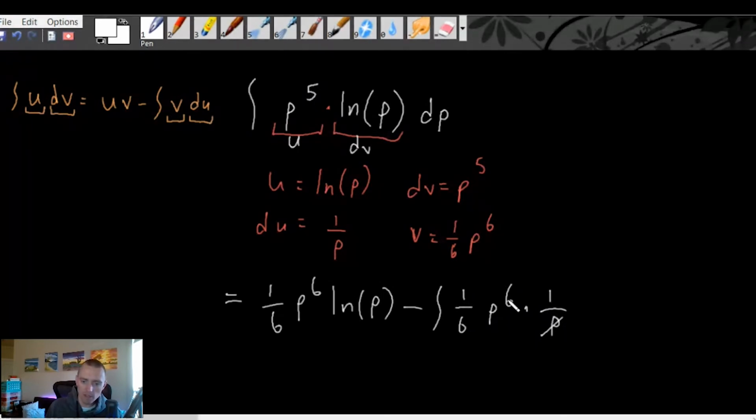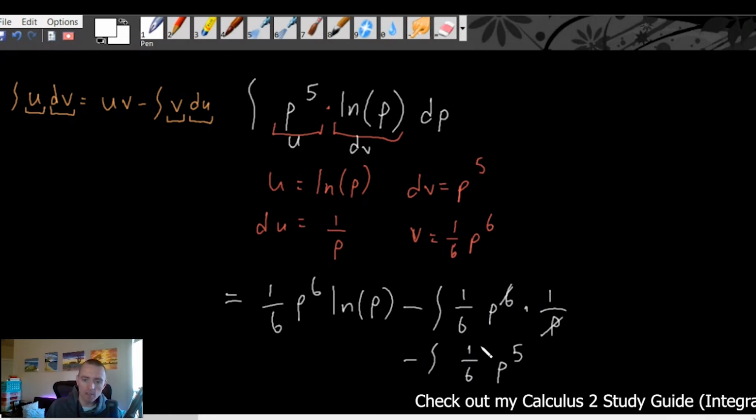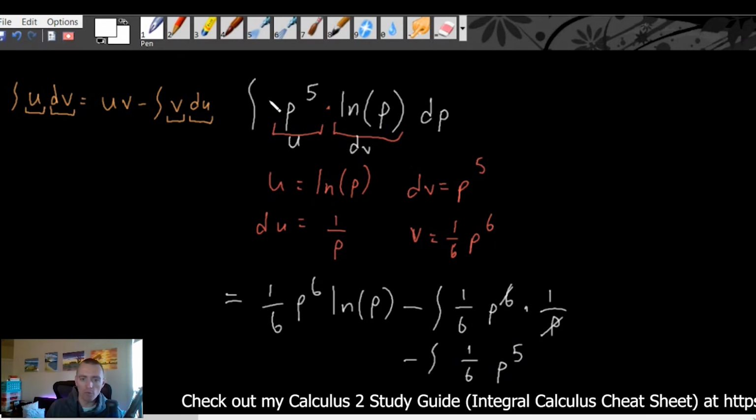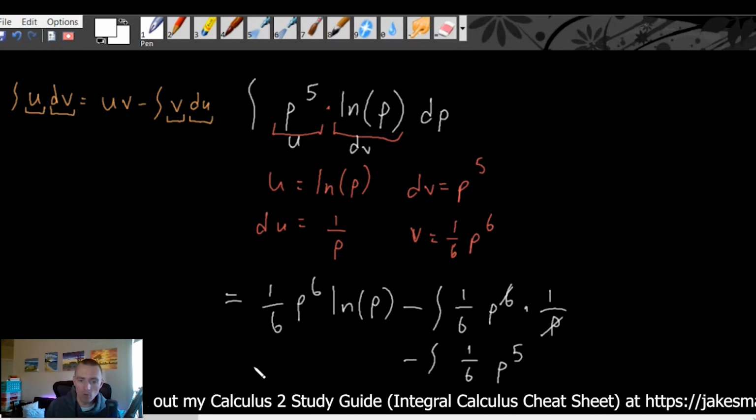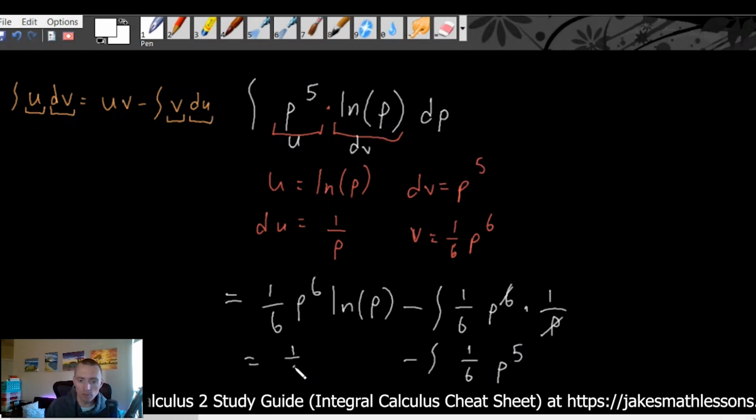Well, this p is going to cancel with one of these p's, just turning it into the integral of 1/6 p to the fifth. So now this thing that we're integrating is something that can be integrated just using the power rule, instead of what we had before that could not just be done with the power rule. It required some additional tricks.